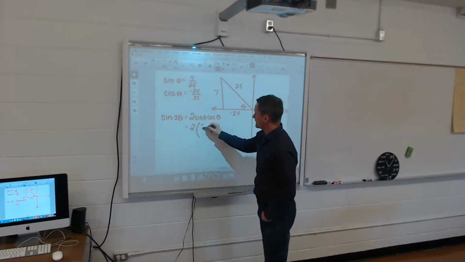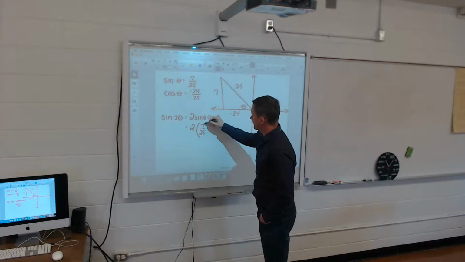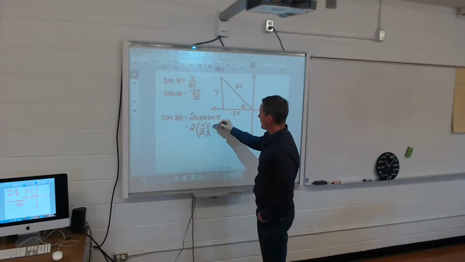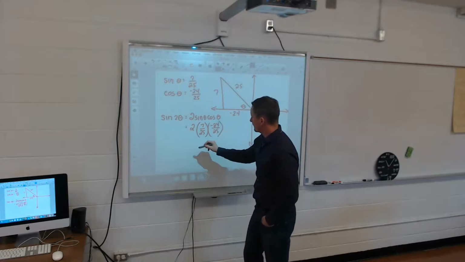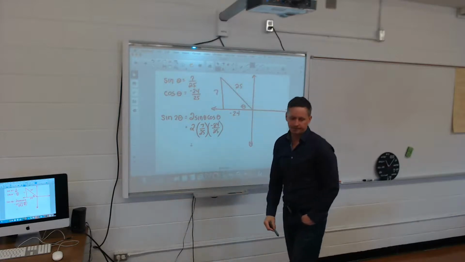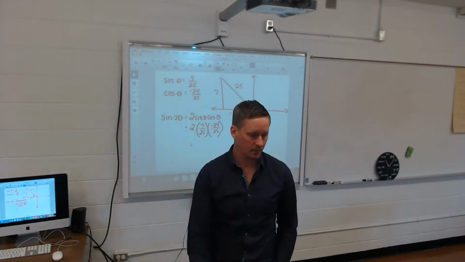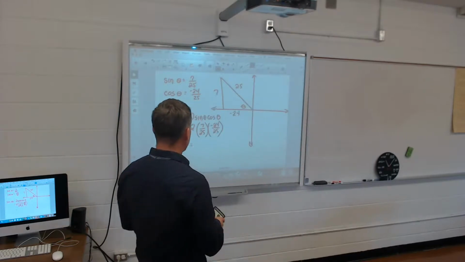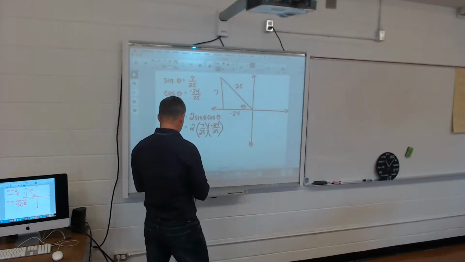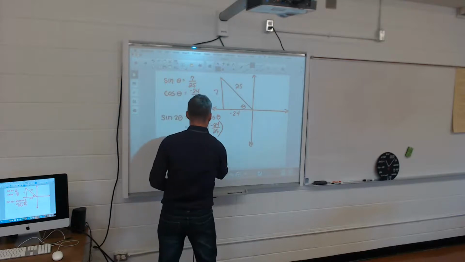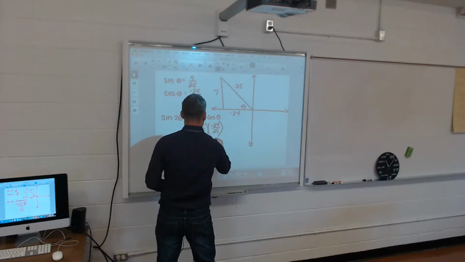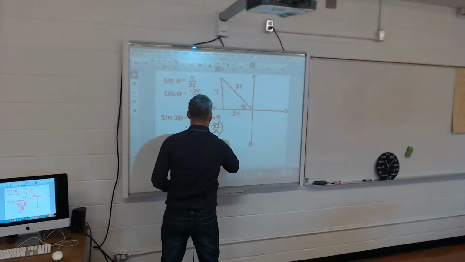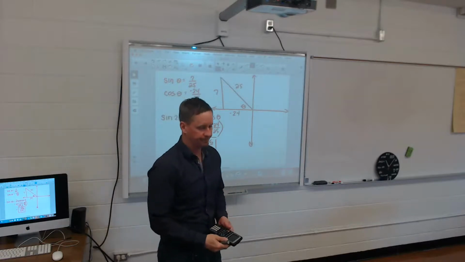My sine theta is 7 over 25, my cos theta is minus 24 over 25, equals. So the value is just the multiplication of that. I got negative 336 over 625. That's your answer, yep.